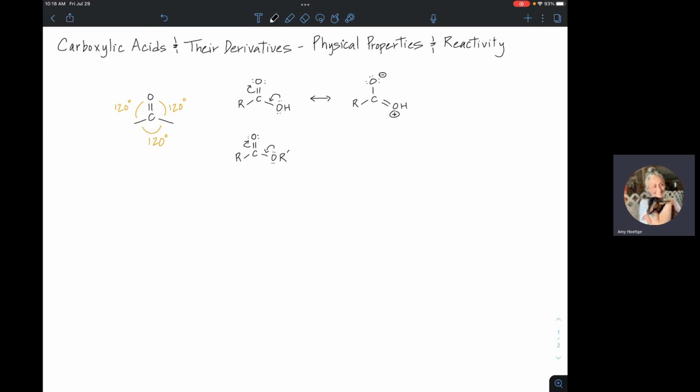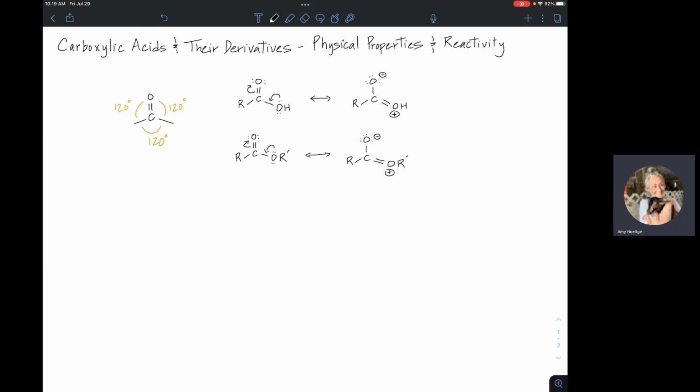Oxygen is more electronegative than carbon, so it's pulling on the electron density in that double bond. So again, we can put the extra lone pair up on this oxygen, put a double bond to this oxygen, a little positive charge here. So we have two contributing resonance structures for esters.